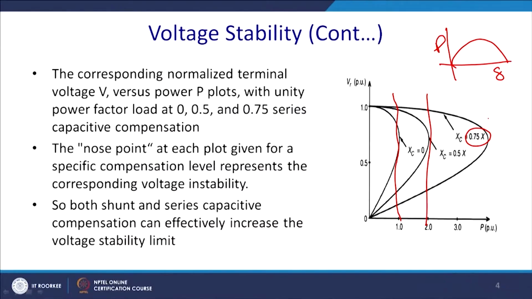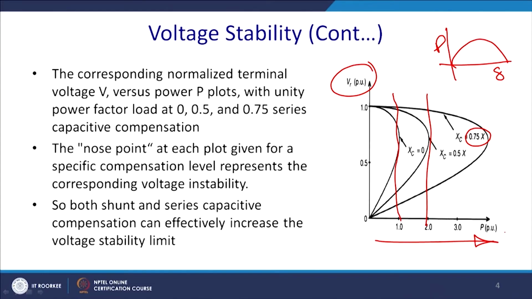Similarly, but you can see one thing here, the value of the voltage does not increase. So, the receiving end voltage will remain the same, but the power handling capability will increase. This is one of the biggest advantages of it. We have discussed the compensation of the leading and the lagging in shunt compensation.